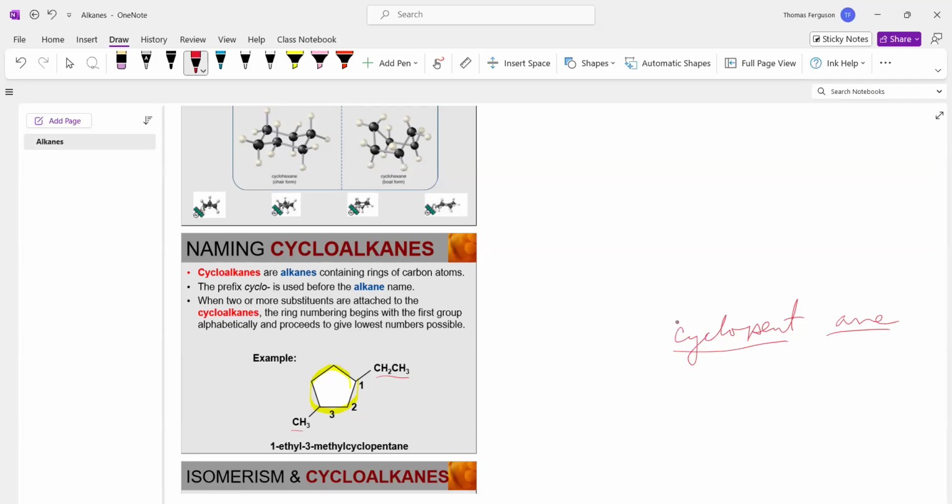So which is lower, E or M? The ethyl comes before the methyl, and we can number this 2 ways, clockwise and counterclockwise. Going clockwise is 1, 2, 3. Counterclockwise is going to be 1, 2, 3, 4.